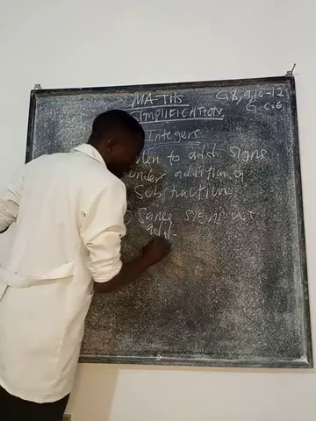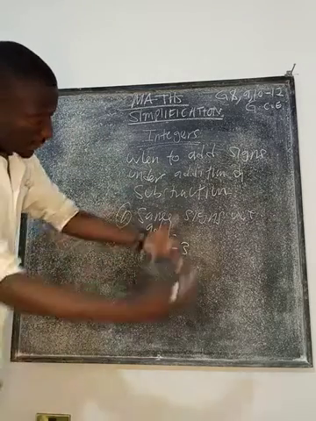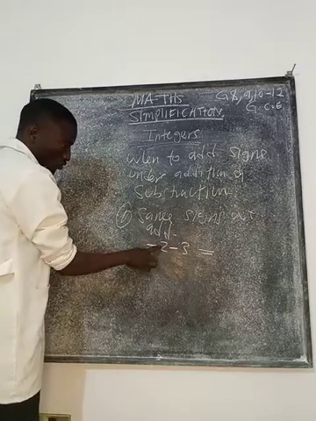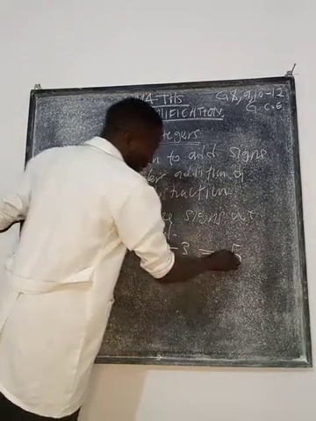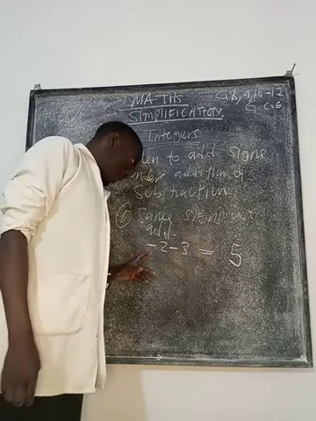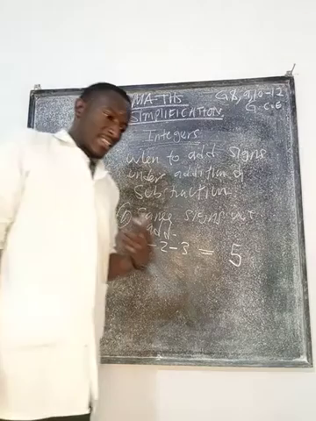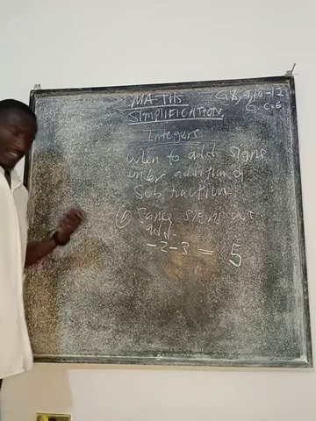I can have -2, -3. Are the signs same? Yes, they are the same. So what are we going to do? We are going to add these two numbers, 2 plus 3, because 2 and 3 will give us a 5. You can see minus, you are under addition. So we collect the sign from the bigger number when you are adding or subtracting.